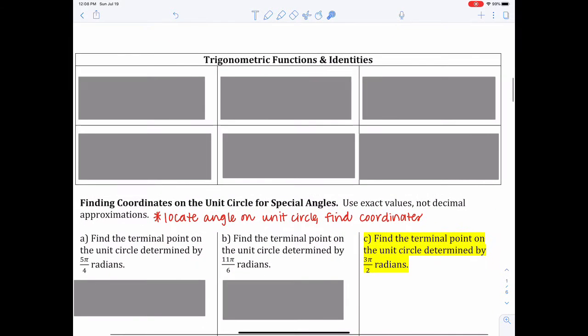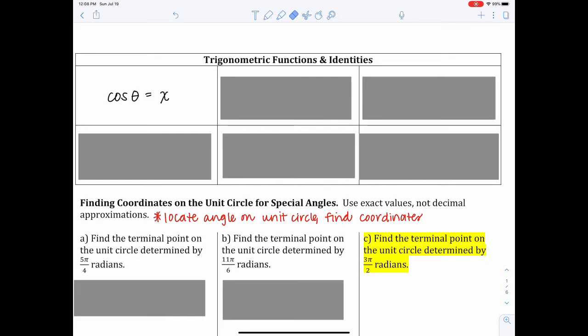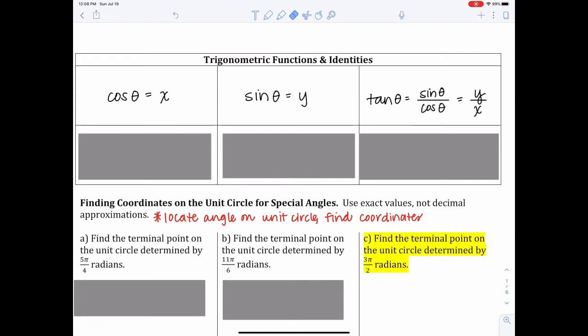So I want to talk about the trigonometric functions and identities. So like I said before, cosine of theta, our interior angle, is going to be our x. Sine of our interior angle theta is going to be our y. So if we think about the rest of our trig functions and identities, tangent, if you recall, was y over x.